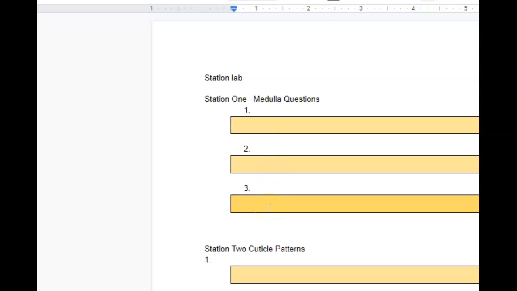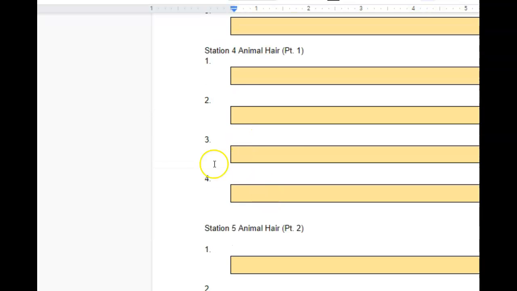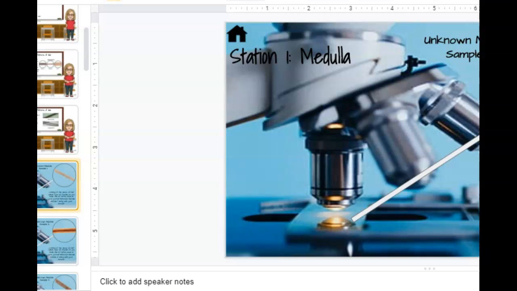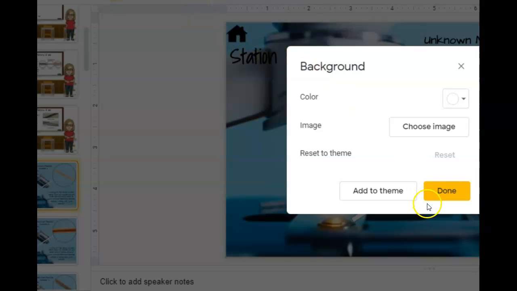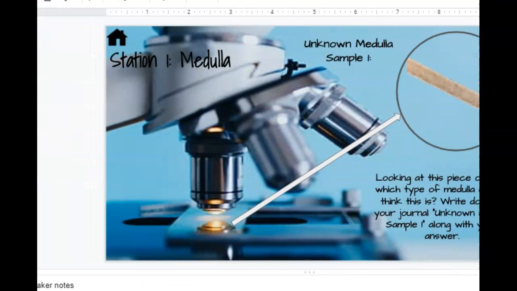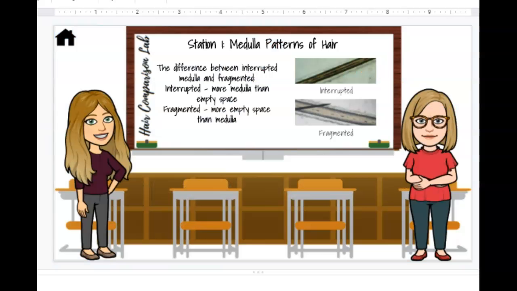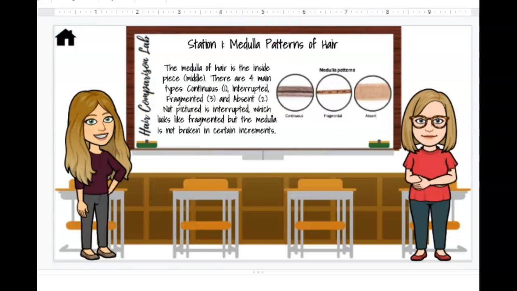So this is what you're going to actually put all of your answers in. And then in order to get the answers, you have to look at the PowerPoints. Okay. So in order for you to answer, for instance, this number 1, you have to look at the 2 slides before because they explain it.